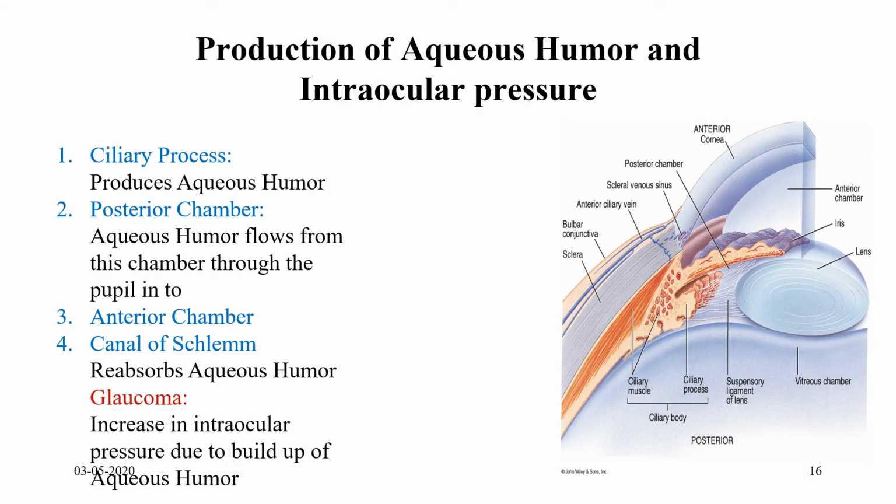So regarding the production of aqueous humor, the aqueous humor is a product of ciliary processes. You can see the ciliary processes, and then it flows through the posterior chamber, and from this chamber through the pupil it reaches the anterior chamber, and at the sclerocorneal junction it drains into the scleral venous sinus or canal of Schlemm, where the aqueous humor is reabsorbed.